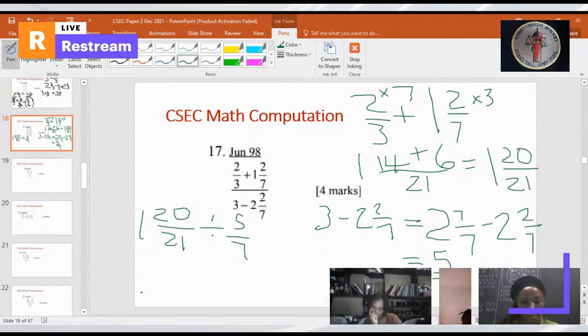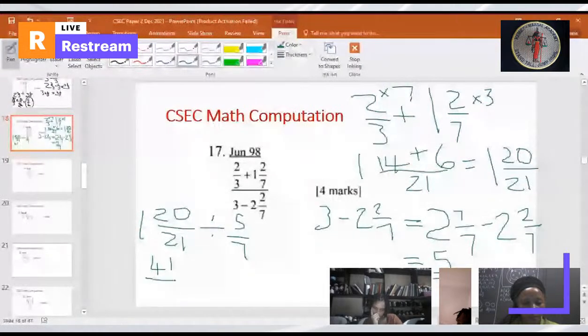The first part: 21 times 1 is 21, plus 20 is 41. So it's 41 over 21.